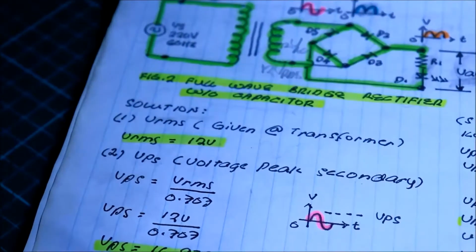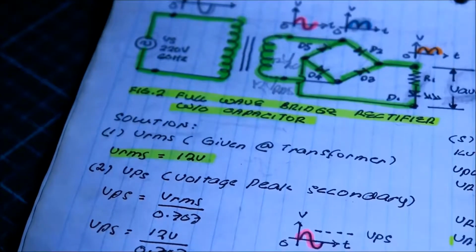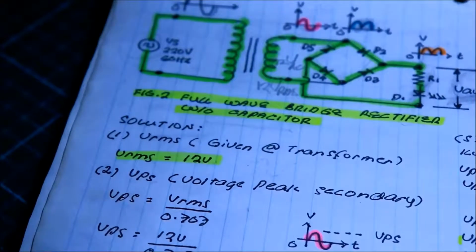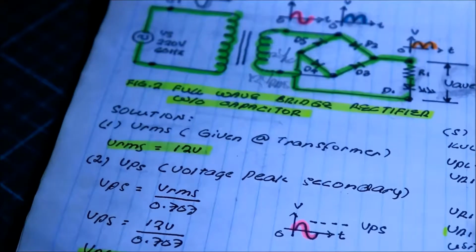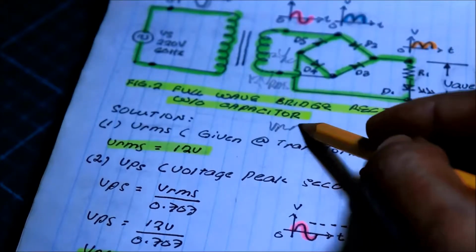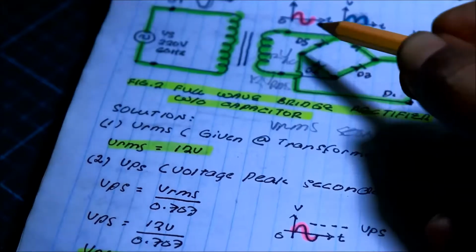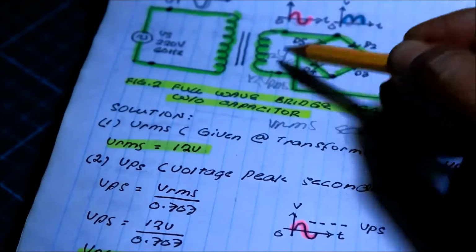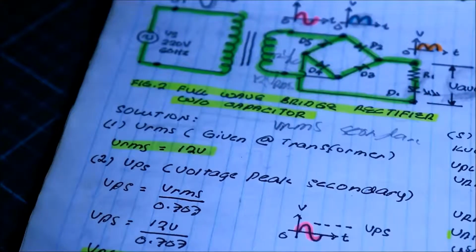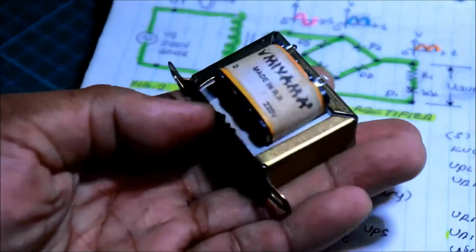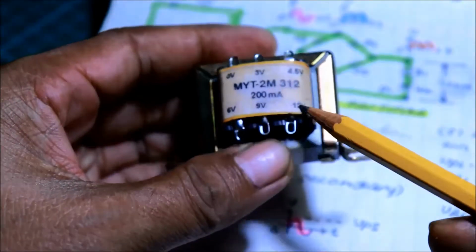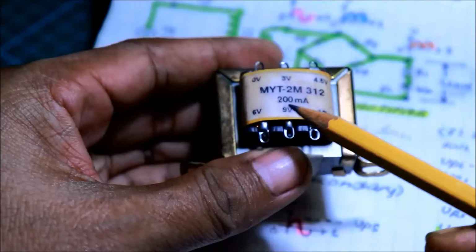We're going to compute for the VRMS of the secondary. What is the VRMS of the secondary? As I've said, when you are buying a transformer, it has a voltage rating of 12 volts.